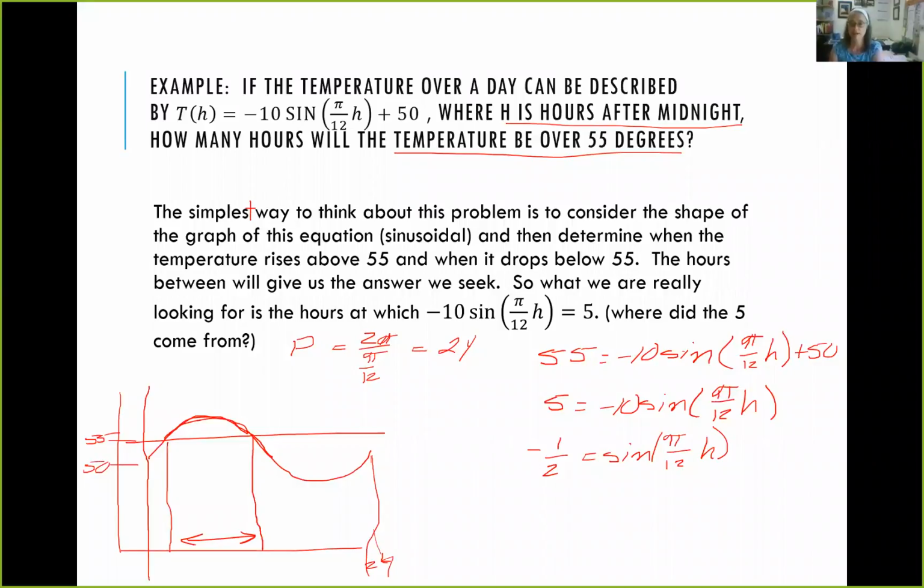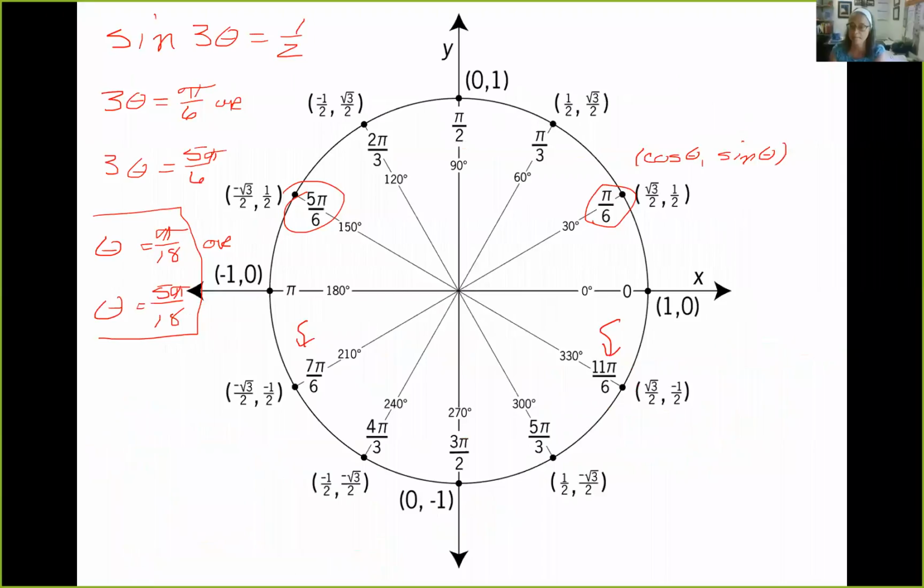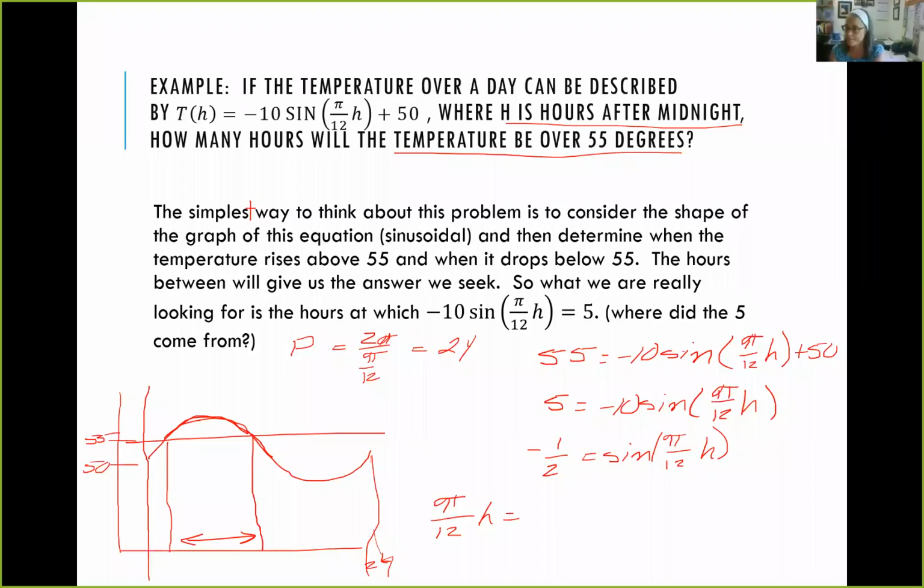So what we have now is that pi over 12 times h equals 11 pi over 6, or pi over 12h equals 7 pi over 6.